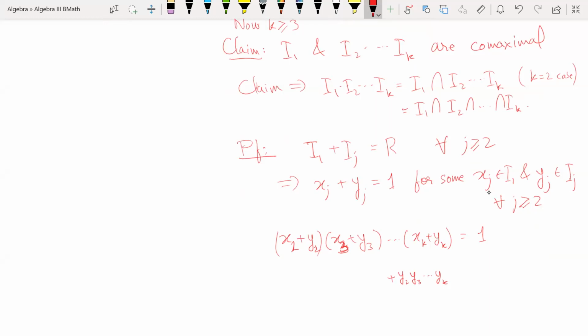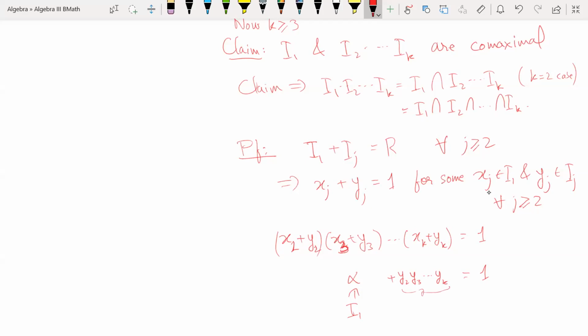So the rest is alpha, and 1 equals alpha plus y2 up to yk, where alpha is going to be in I1, because each term will have at least one x factor, and each of these x is in I1. So this whole sum is in I1.